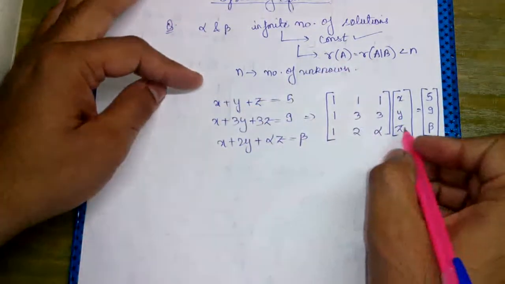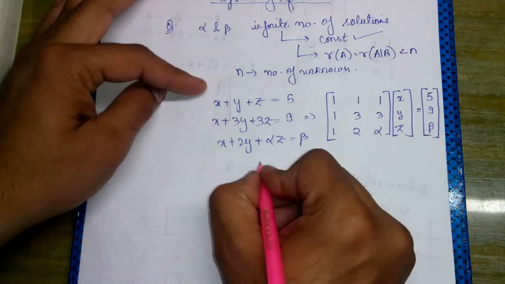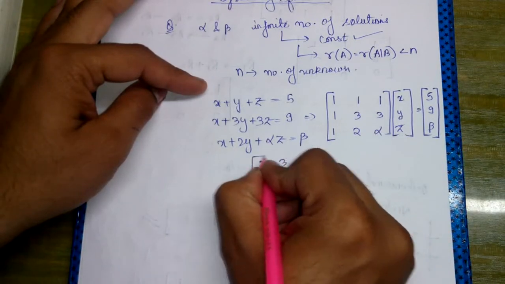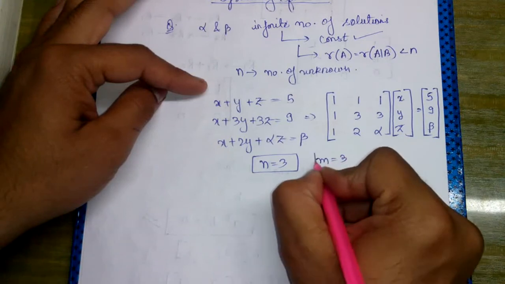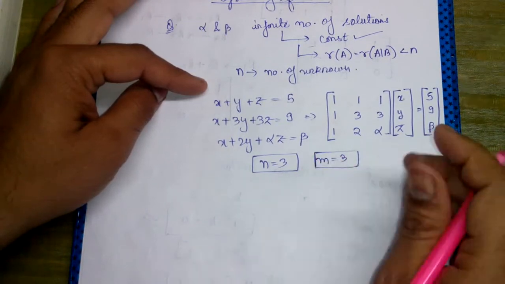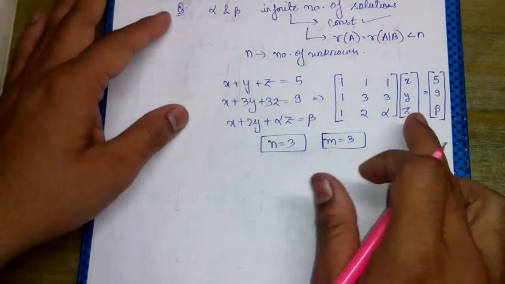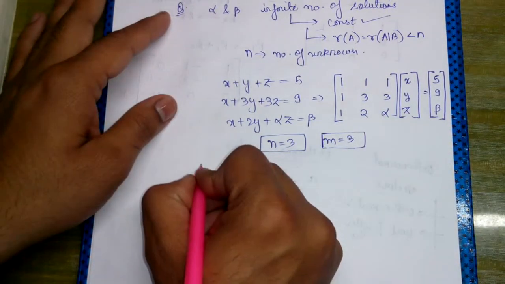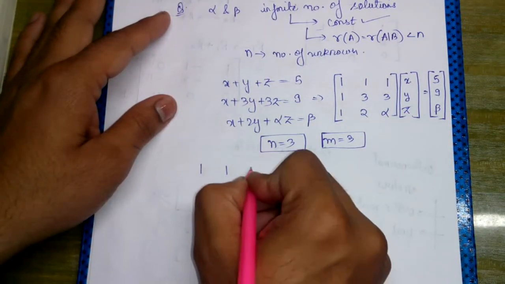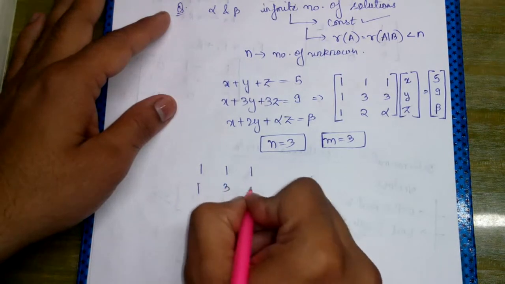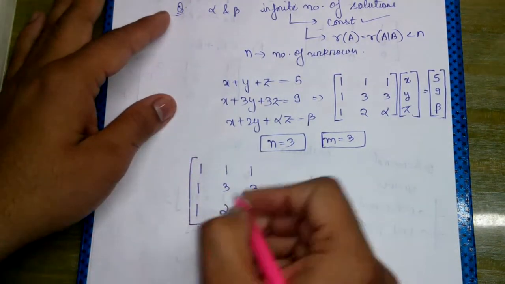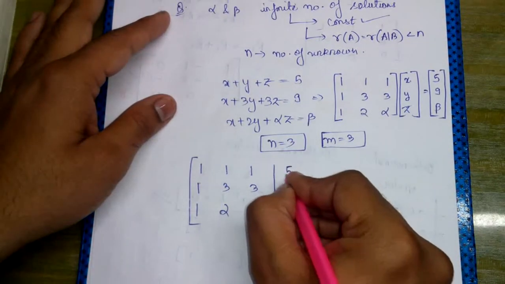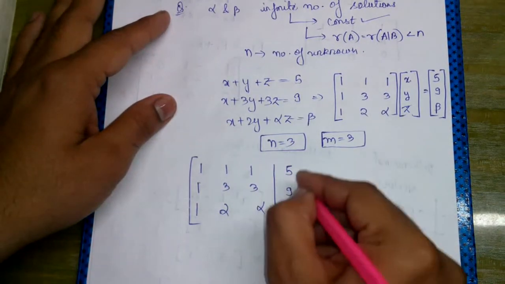Now we know that the number of unknowns here are x, y and z, hence n is equal to 3. The number of equations is m equals 3. Okay, now we will find the augmented matrix, which would be simply 1, 1, 1, 1, 3, 3, 1, 2, alpha, 5, 9, beta.